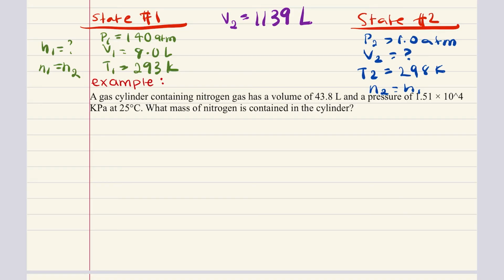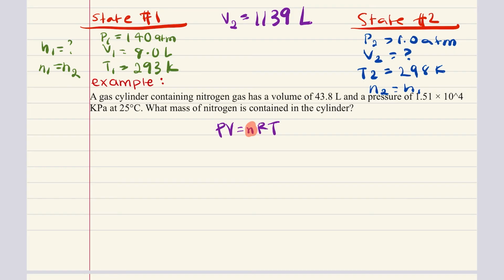Now we're given 3 of the 4 variables that we would see in the ideal gas law. We're given volume, pressure, and temperature. So we're just going to use the ideal gas law, PV equals nRT. Now the problem is asking us for mass of nitrogen, all right, which means that initially we want to solve for moles and then just convert that to mass.